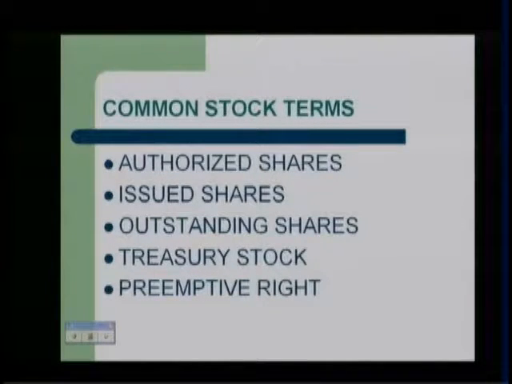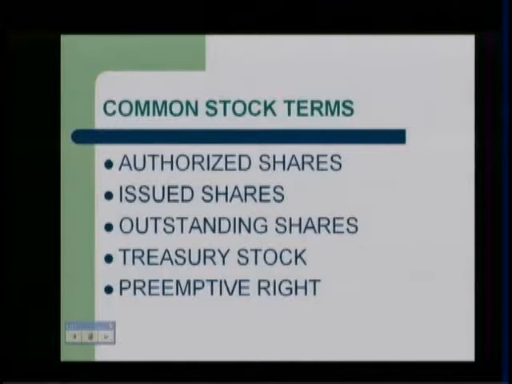Now, the outstanding shares of stock are the shares of stock that were authorized and were sold, in other words, issued, and are still outstanding and are still out there. Now, there are some instances in which stock that has been authorized and issued has been bought back by the firm. We call that treasury stock. When a firm goes out and buys its own shares of stock on the market, then that's called treasury stock.